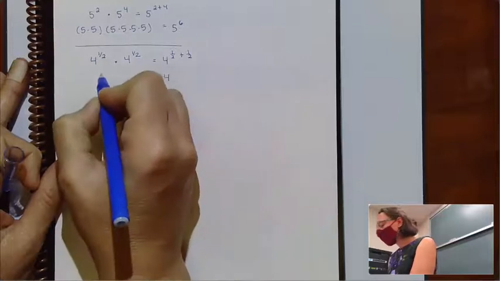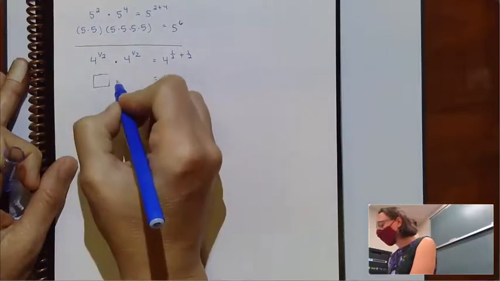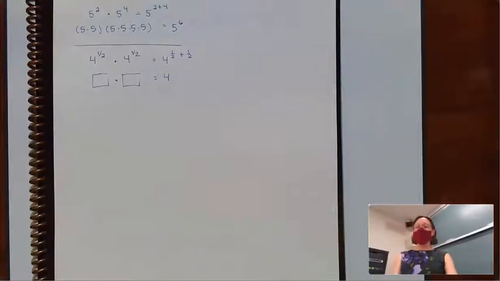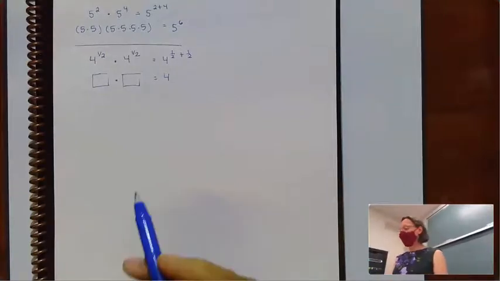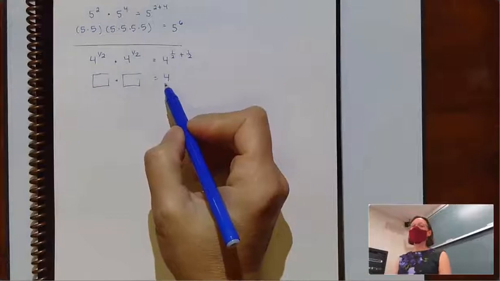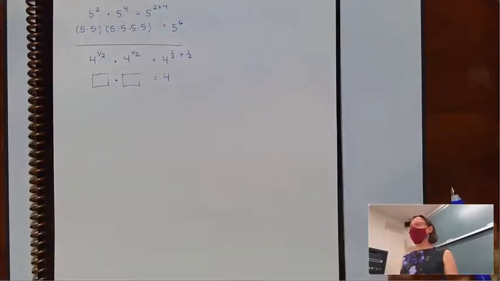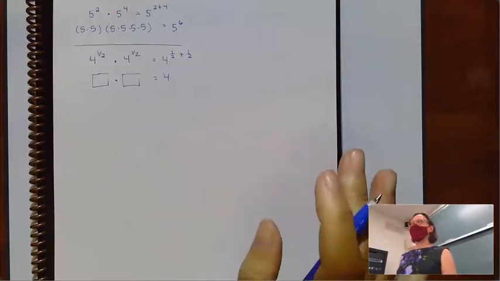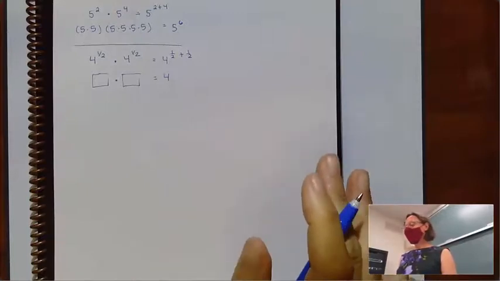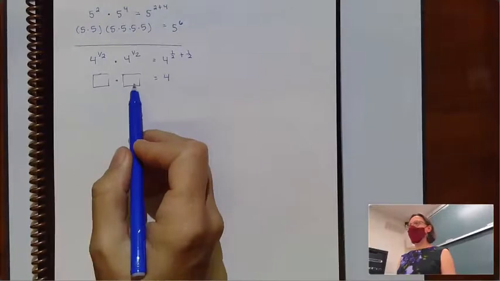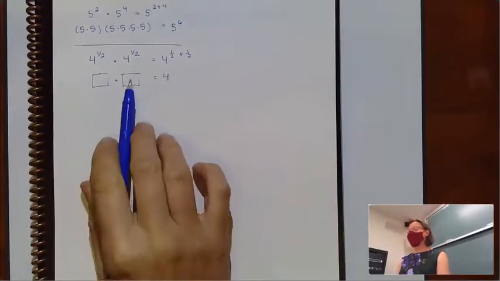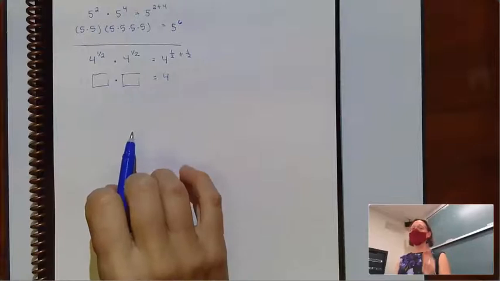So really, this is 4. If I'm not sure what this 4 to the 1/2 power means, it's saying I've got some number, and when I multiply it by itself, I get 4 back. What's the only number I can put in there? It wasn't a trick question. Well, I think if I put 1 times 1, I'm not going to get 4. I think if I put 1 times 4, I definitely get a 4 back.